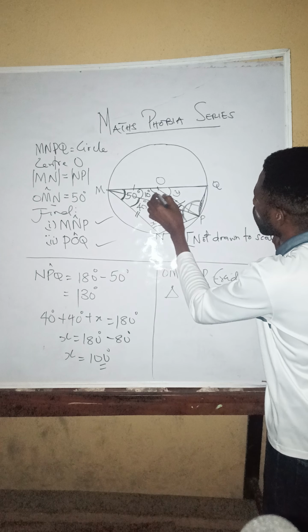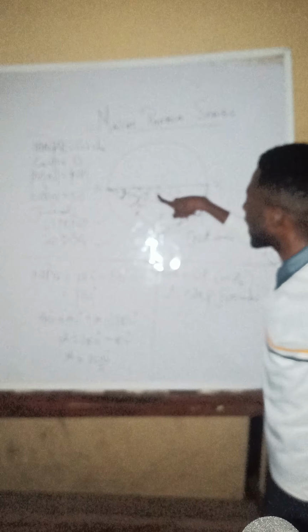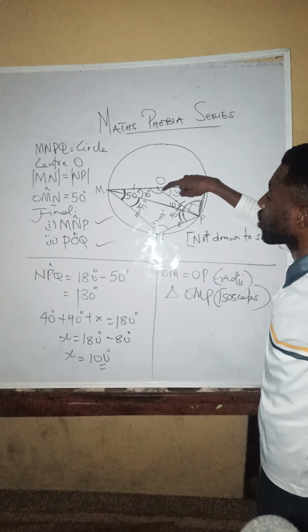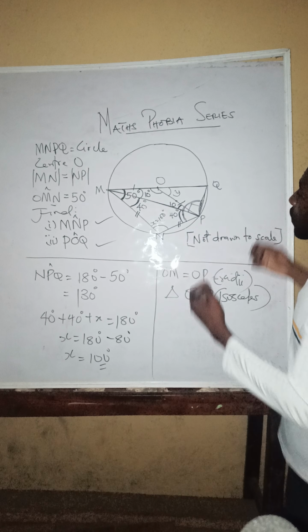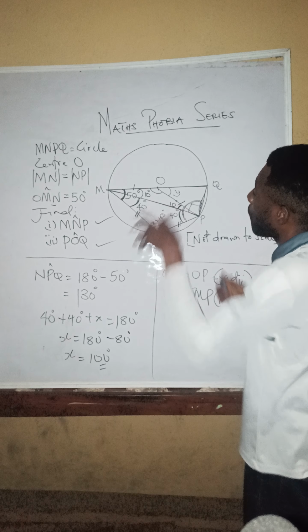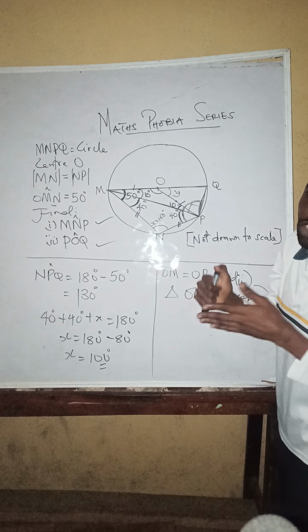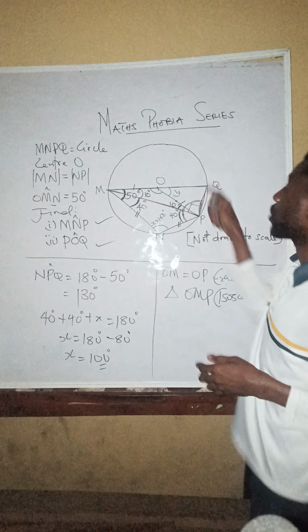So how do we get this side? We can get y in two ways. We can find this angle, get the answer, then subtract from 180 since it's a straight line to get y. Or we can apply the theorem that states that the sum of the interior opposite angles in a triangle is equal to the exterior angle.